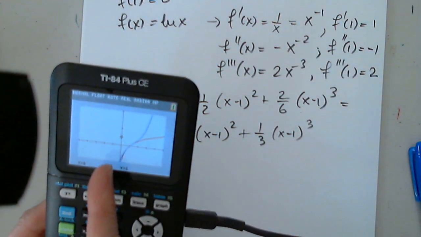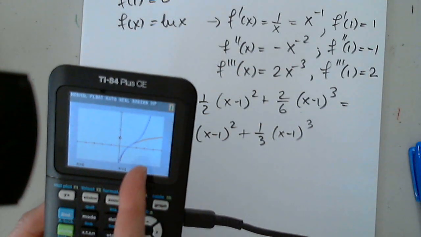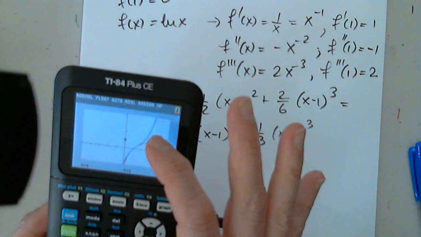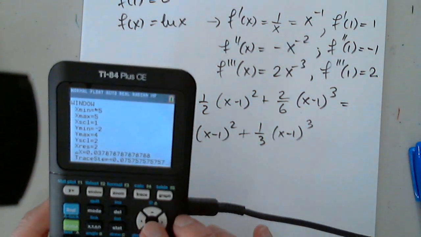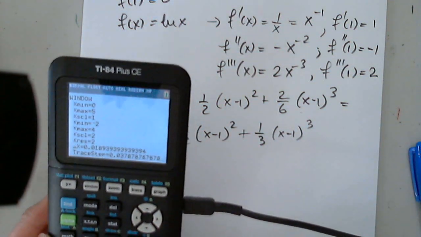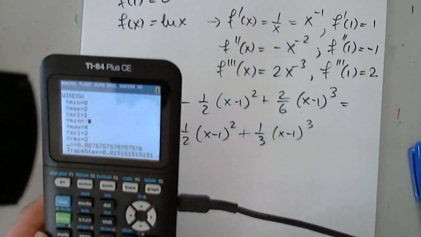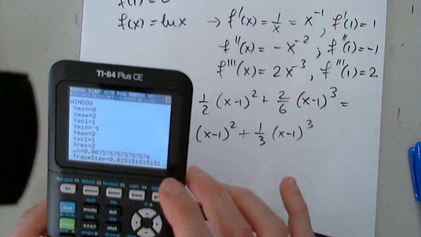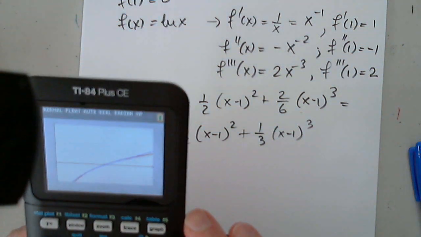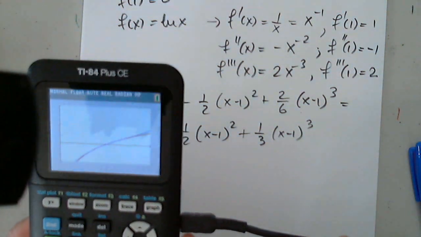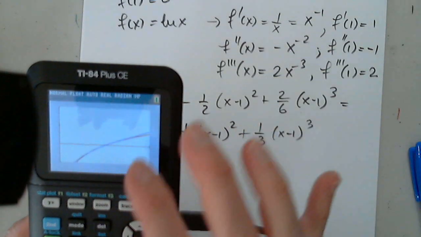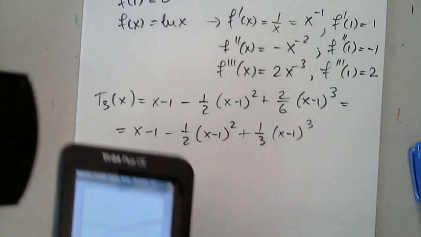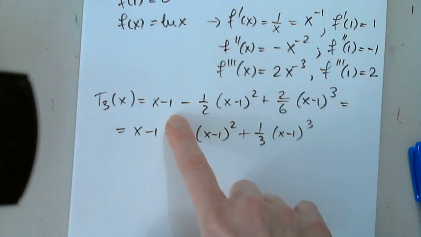So I'm going to try 0 to 2, -1 to 2. Okay, let's try that to see even better. I think that convinces you that indeed the polynomial is a very good approximation of f of x, which is natural log x, near or centered at 1.